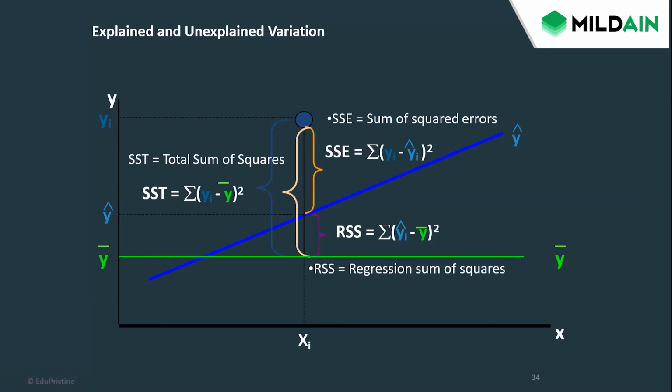In the diagram we have SSE, SST and RSS, that is the regression sum of squares. The sum of square error, SSE, is supposed to be less so that I can achieve my accuracy.